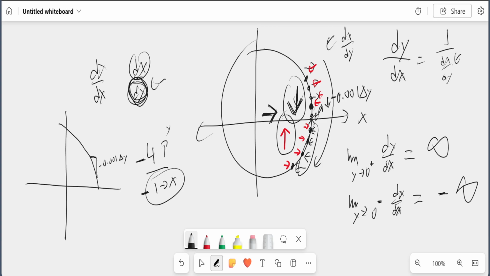Which way is our x moving? Our x is moving out this way, like a 0.0001 change in x, right? Does that make sense?